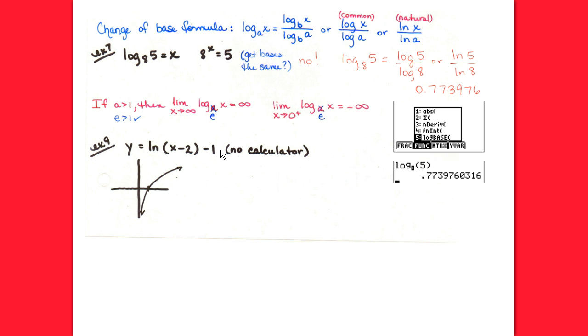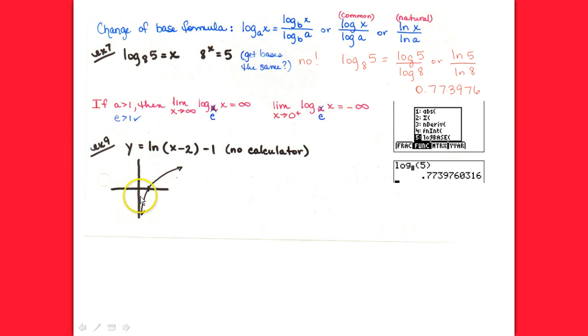So then that helps me if they ask me to evaluate a limit of a natural logarithm as well. So for example number 9, it says sketch the graph of the function y is equal to ln(x minus 2) minus 1. And then that would be really helpful if they asked me to evaluate a limit after I had graphed that. So let's start with thinking about the graph. Here's our normal natural logarithmic function.